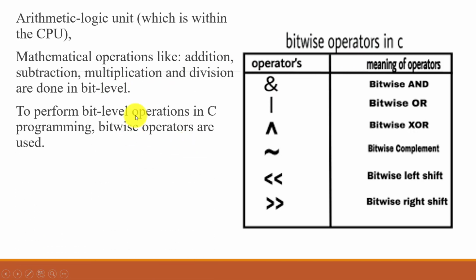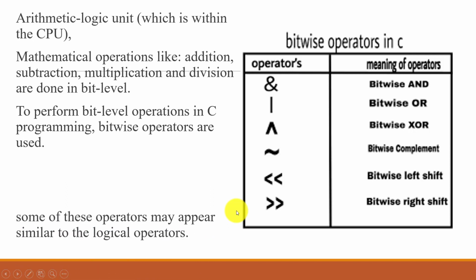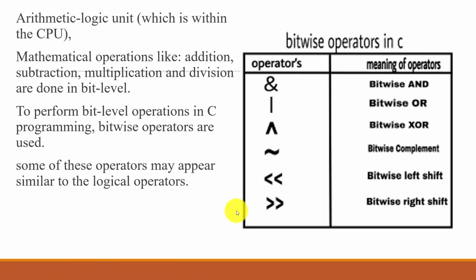Now let's understand bitwise operations in programming: bitwise AND, bitwise OR, bitwise XOR, bitwise complement, bitwise left shift and bitwise right shift. Let's discuss all these bitwise operators one by one.